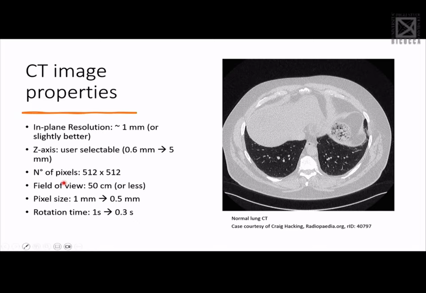We have some examples later. But in the tissues, we can't distinguish much of what's going on there. We have a bit of contrast here between the muscles and the fat. And there on top we have the liver. If you have it on your screen, probably you can see it a bit better. You can see something, but not that much.